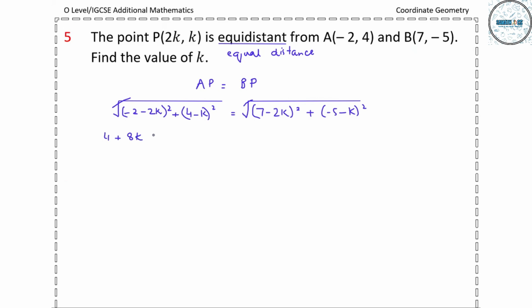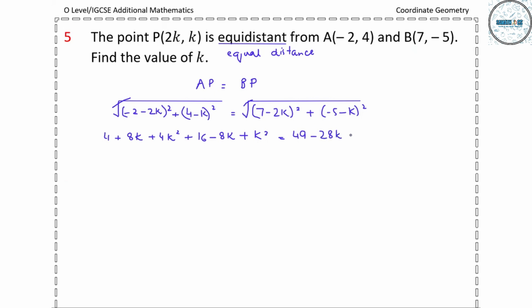Take square of 2k, which is 4k square, plus 4 square is 16. 4 into k is 4k, then multiplied by 2, 8k, minus 8k, k square is equal to, we'll expand these as well using identity. 7 square is 49. 7 multiplied by 2 is 14, and 14 multiplied by 2 is 28, so it is minus 28k.